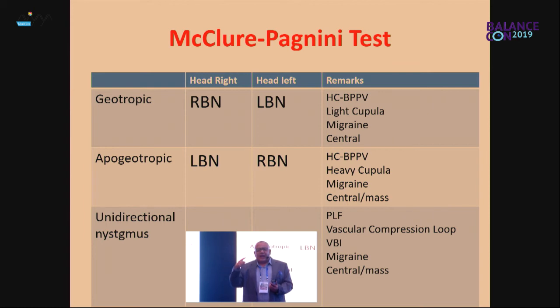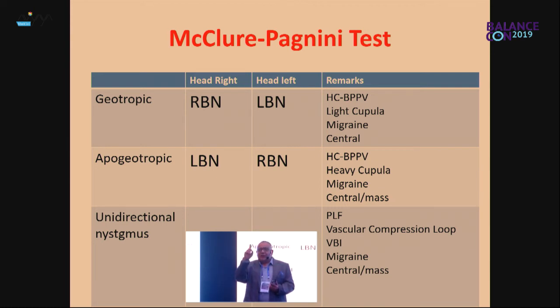I have been through the literature and textbooks, and everything is sometimes confusing. So the only condition in which we can use geotropic or apogeotropic is if you have BPPV, or a similar condition to horizontal canal BPPV, with a nystagmus that changes its direction from bringing the head to the right to bringing the head to the left.